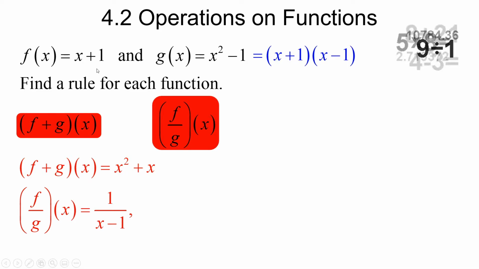That would have been x plus 1 over x plus 1 times x minus 1. So x cannot equal negative 1 or positive 1. Don't forget about both of those factors that were originally in our divisor for g of x: plus or minus 1.